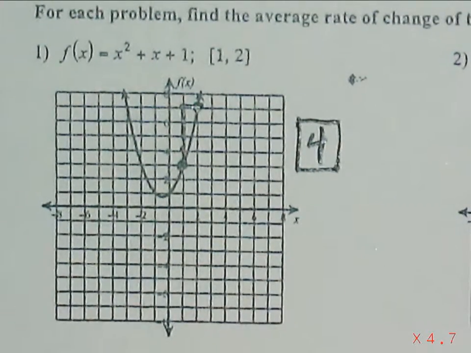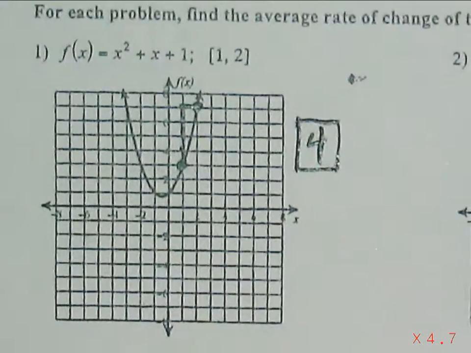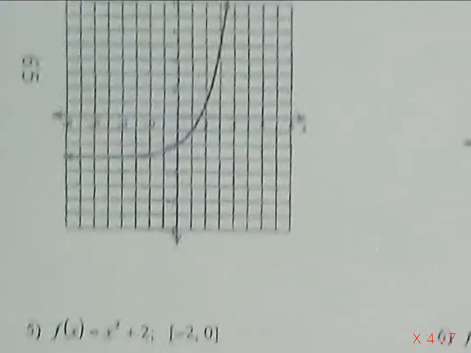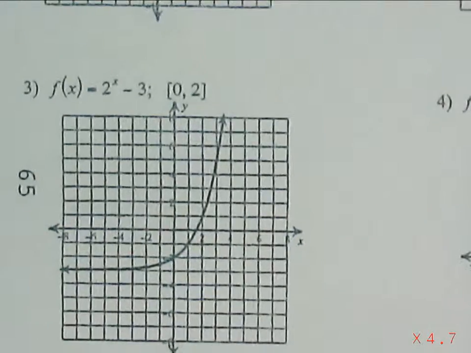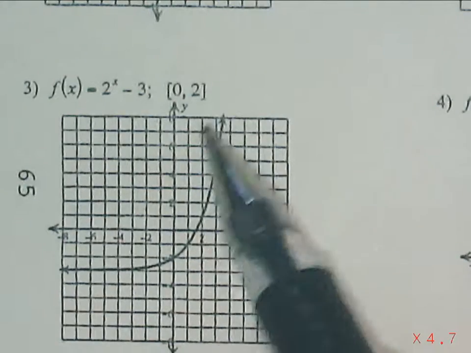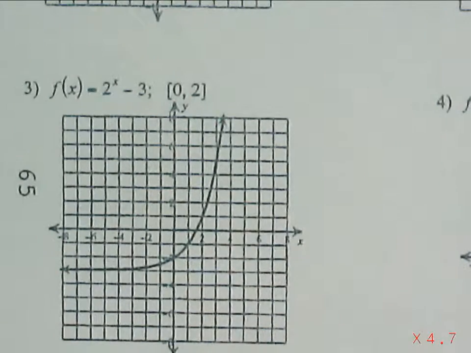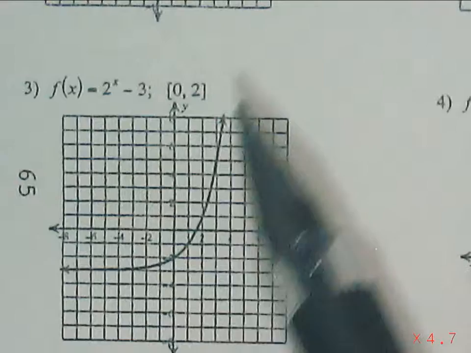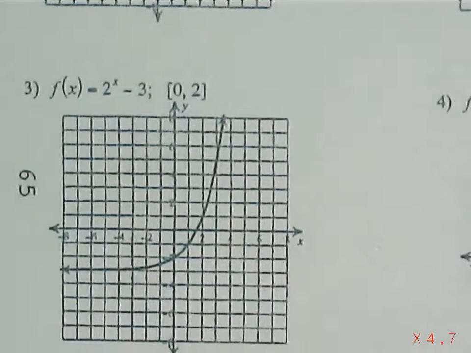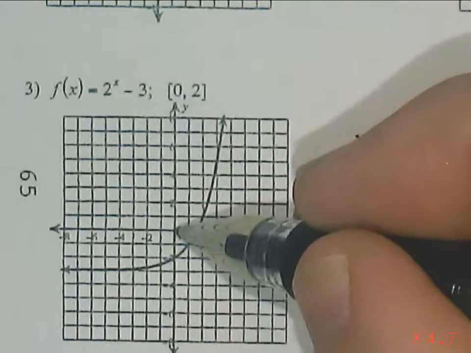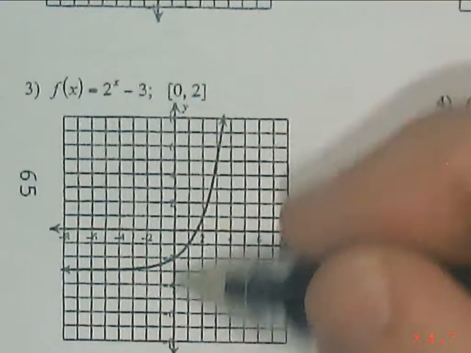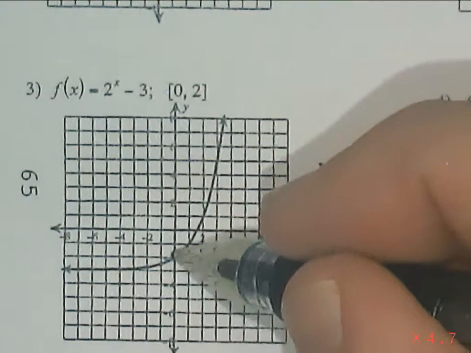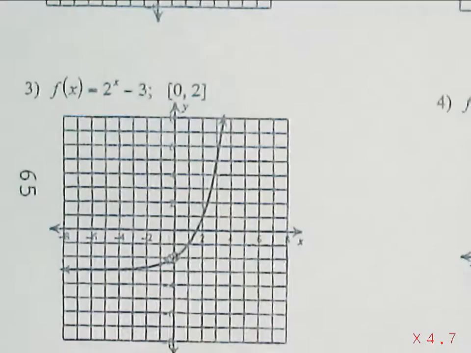That's it. Okay? Let's look at another one. Let's look down here at this one. This one gives me the interval 0 and 2. So I want to find the change, or the slope, between 0 and 2. I'm going to go to 0 on the x-axis, which is just the y-axis, right? And go down to my line, and I'm going to put a point right there.